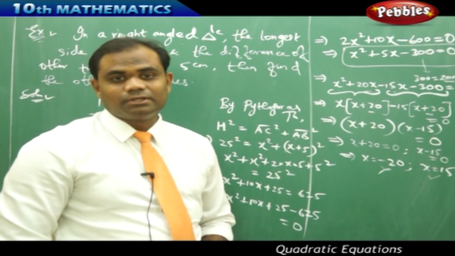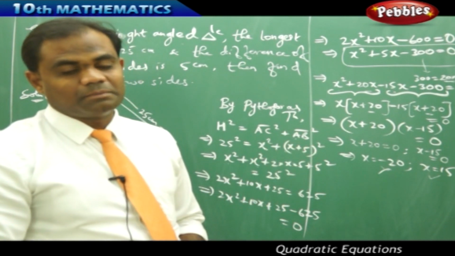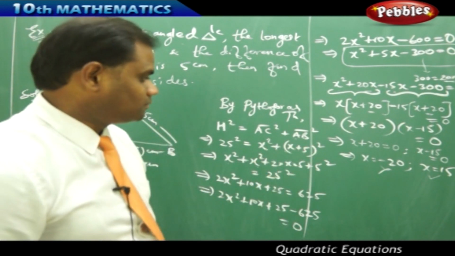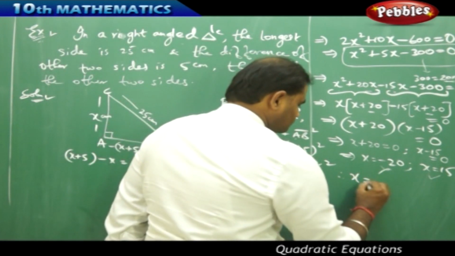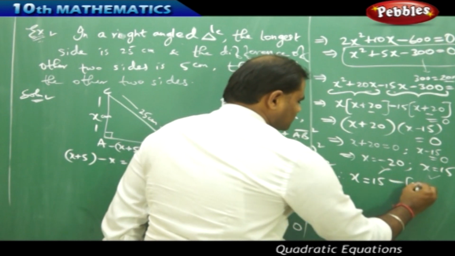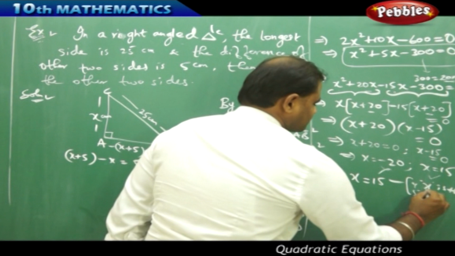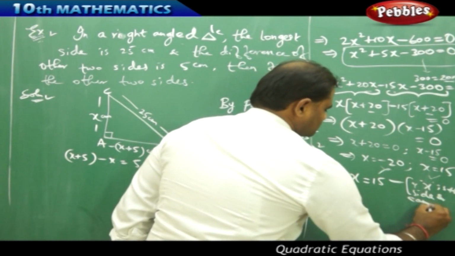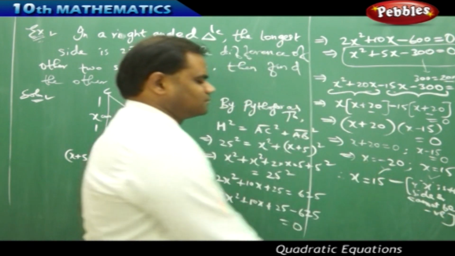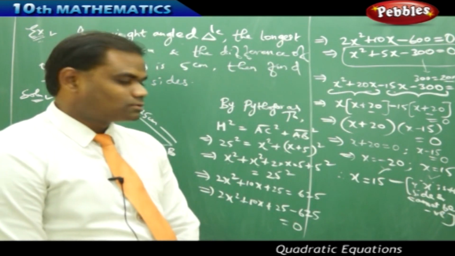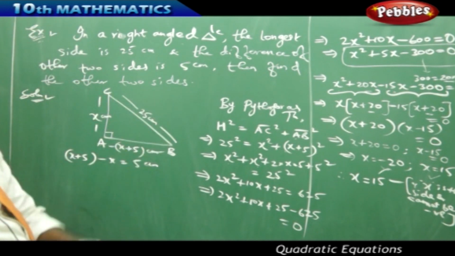It should always be a positive value because the magnitude of length is always positive. Therefore, x is equal to 15, since x is the side and cannot be negative.